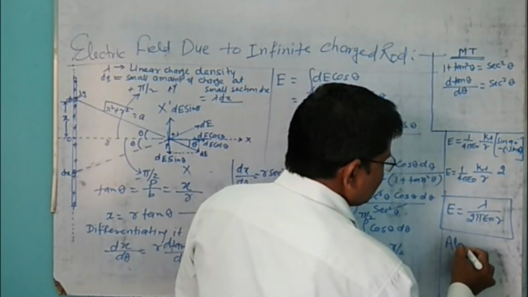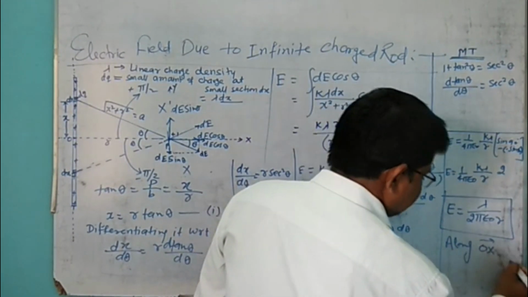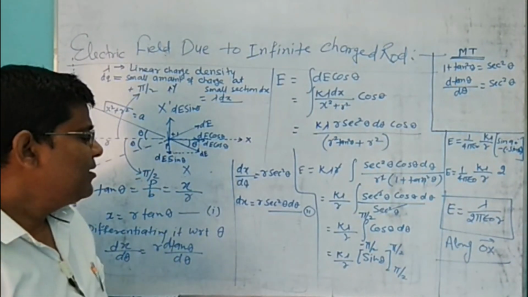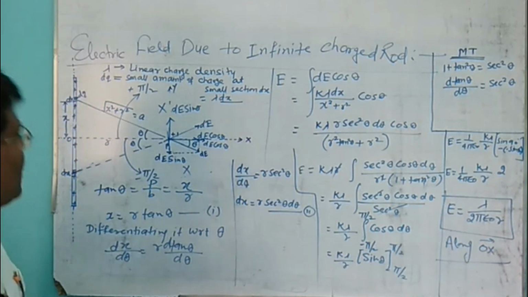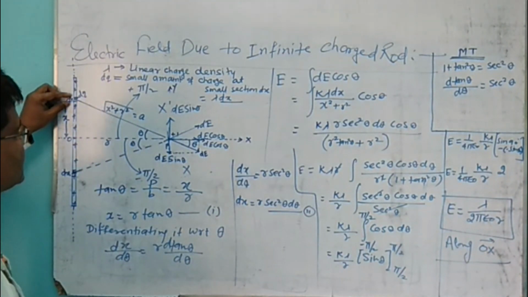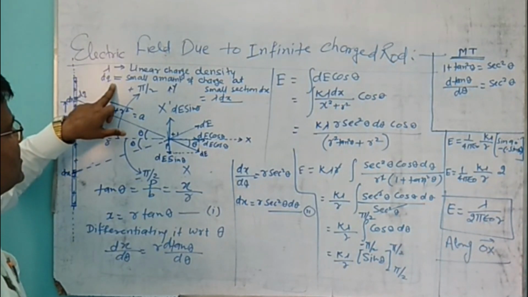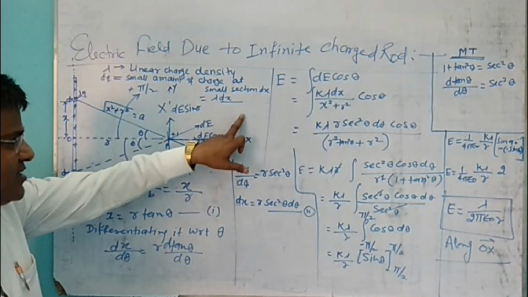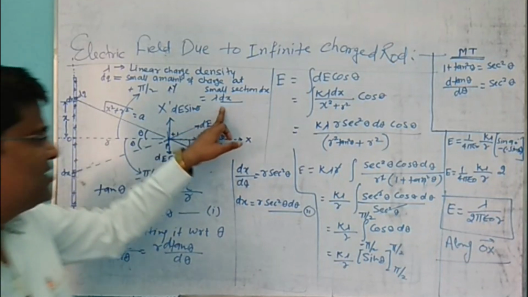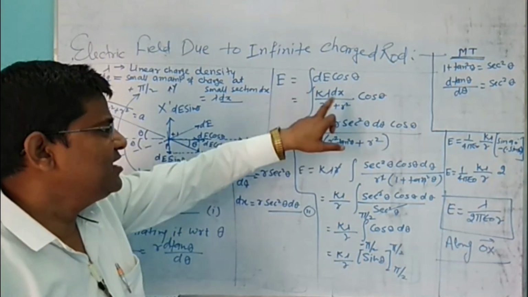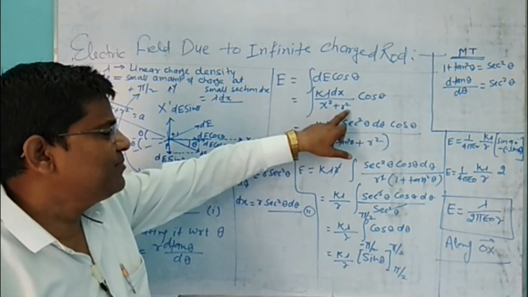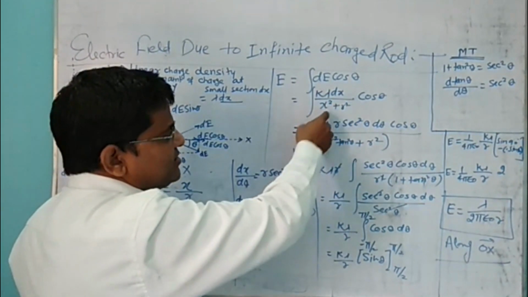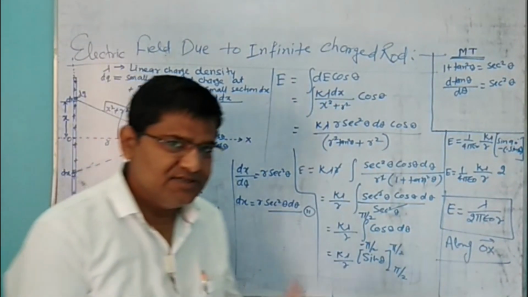Or if you want to find the direction, then it is along OX. This is the electric field due to, first of all, I consider a small section. At this section a dq charge is considered, and this dq charge equals lambda dx. Due to this charge a small electric field is here, k lambda dx by x square plus r square, because dx and this both are variable quantities, that is why integration is not easy.